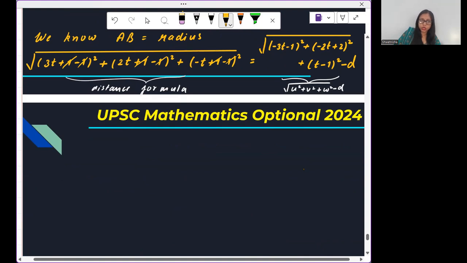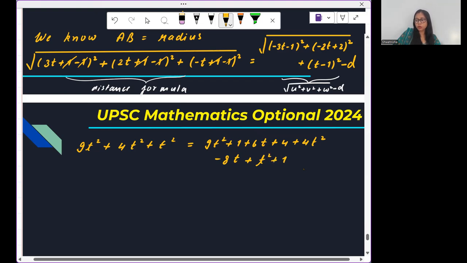So this becomes 9t square plus 4t square plus t square, squaring both sides. And this becomes 9t square plus 1 plus 6t plus 4 plus 4t square minus 8t plus t square plus 1 minus 2t minus 12.